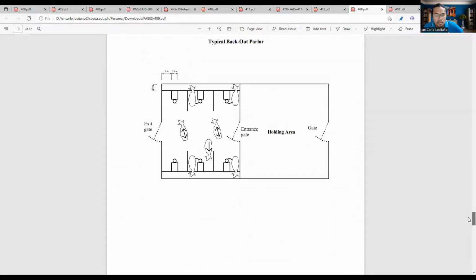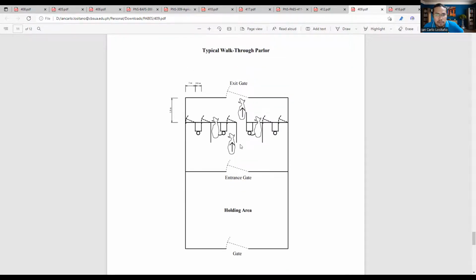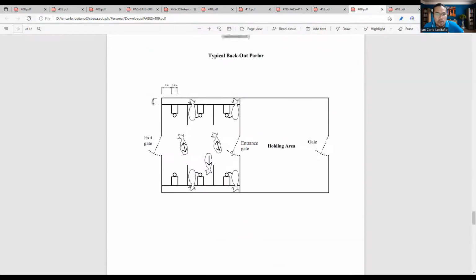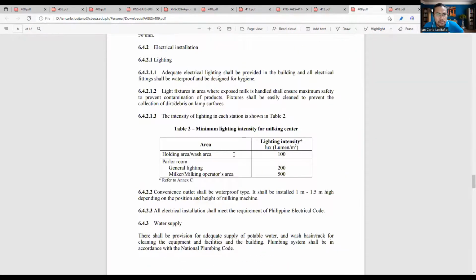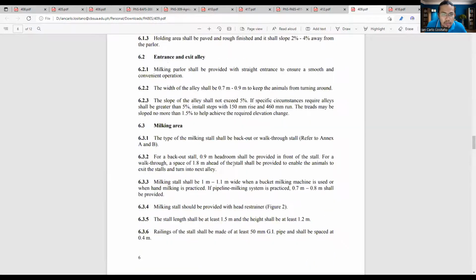Back out: so the animals stay here in the holding area and then enter the milking area and then go outside. But here, holding area, and then you have walk through. So the animals are just going to walk through. Let's just go back to where we left a while ago.